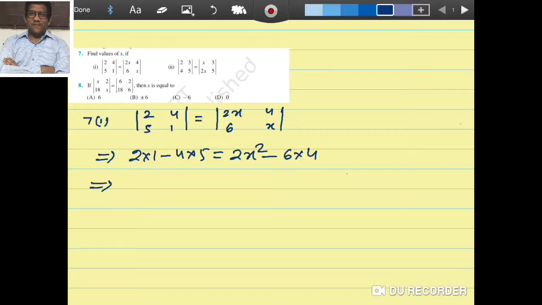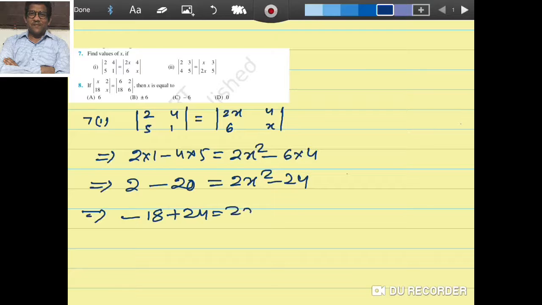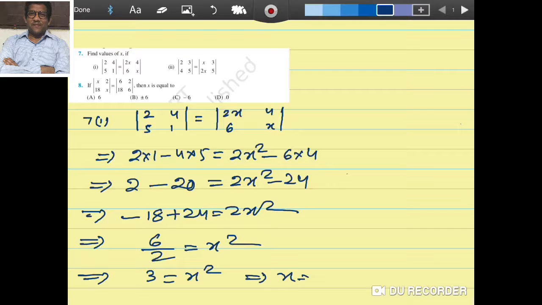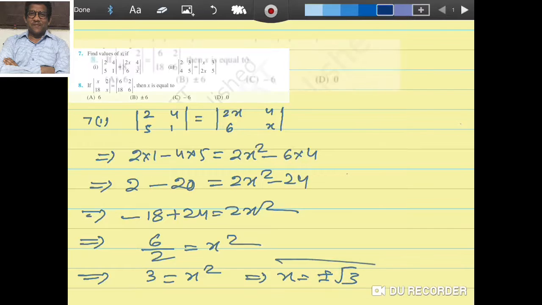This implies that 2 minus 20 is equal to 2x square minus 24. This implies that minus 18 plus 24 is equal to 2x square. This implies that 6 upon 2 is equal to x square. This implies that 3 is equal to x square. This implies that x is equal to plus minus under root 3.